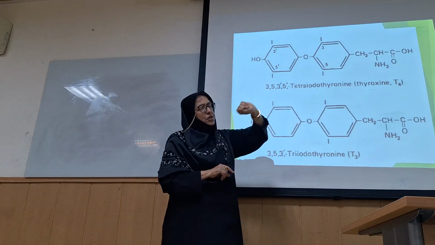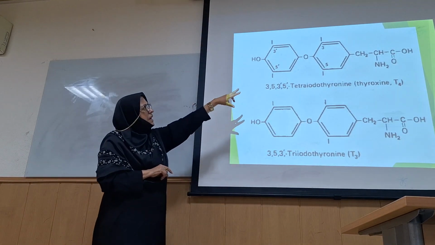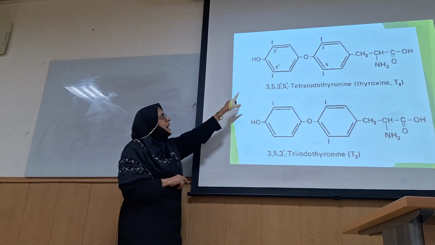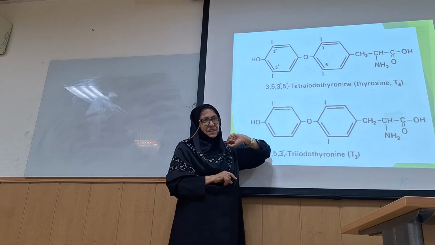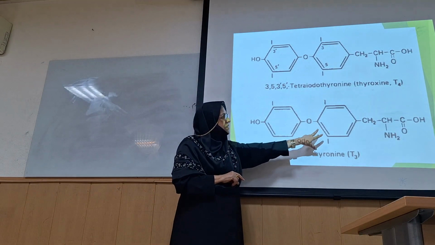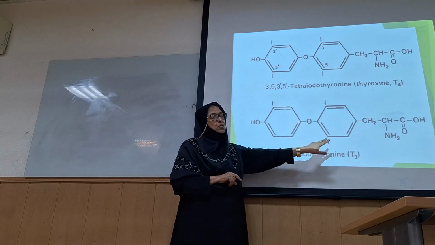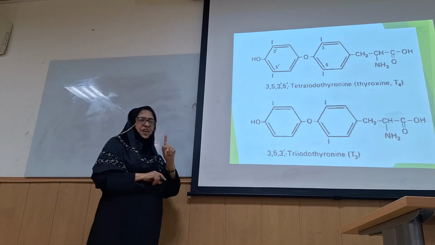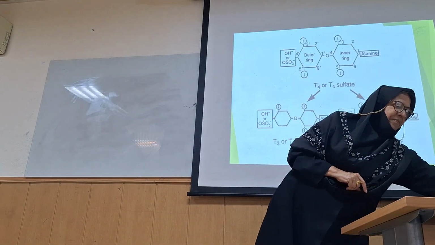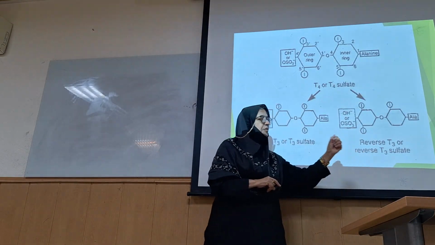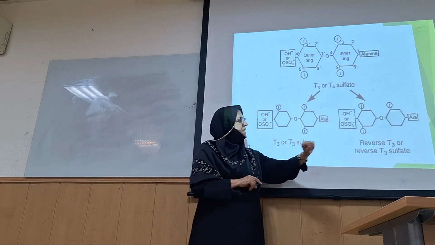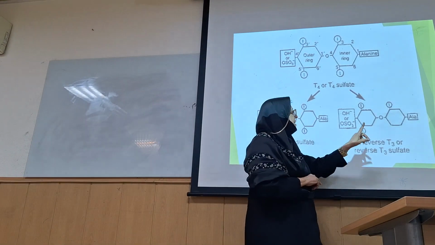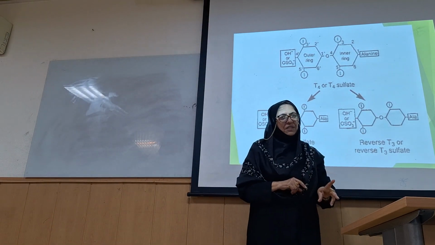In the T4 or thyroxine molecule, A ring have two ions, B ring have two ions. T3, A ring have two ions, but B ring has one ion. Reverse T3 is reverse of T3. In the reverse T3, A ring has one ion, B ring have two ions.